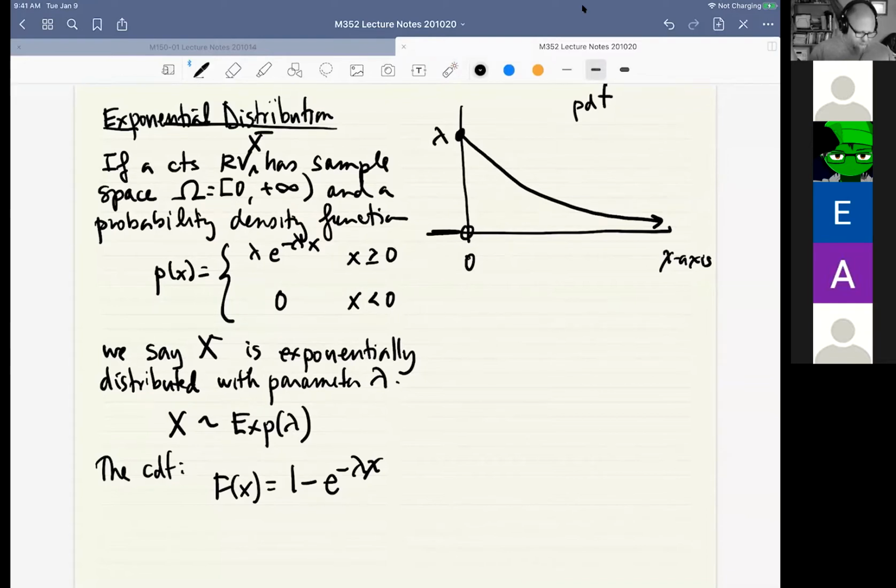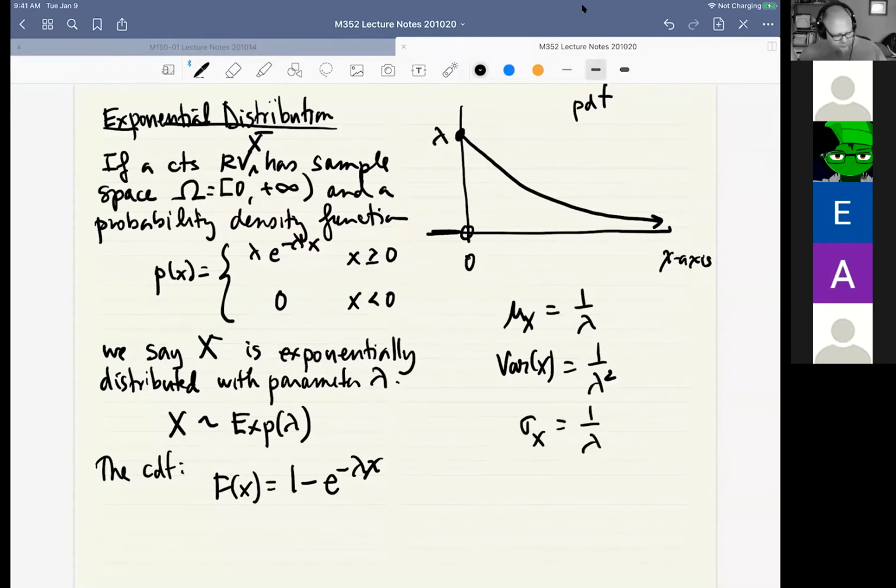The exponential distribution has a property that its mean is 1 over lambda. Its variance is 1 over lambda squared. And its standard deviation, which is the square root of variance, is also 1 over lambda. And I think you'll see that that's an interesting parallel to the Poisson distribution as well.